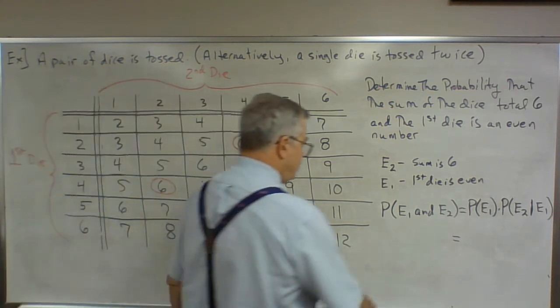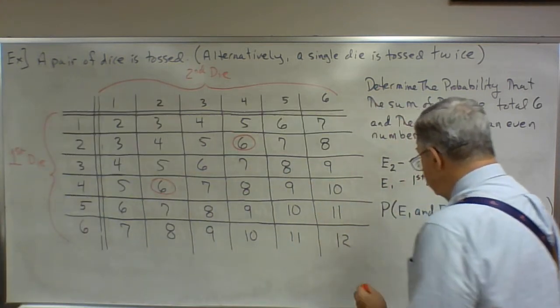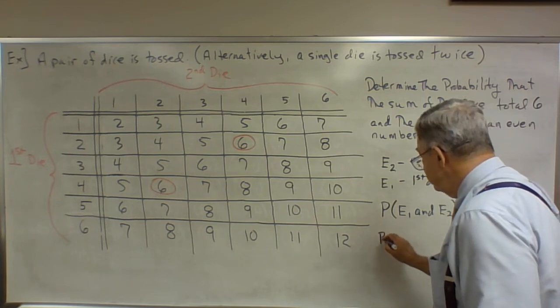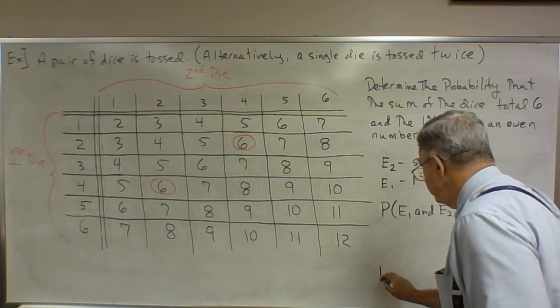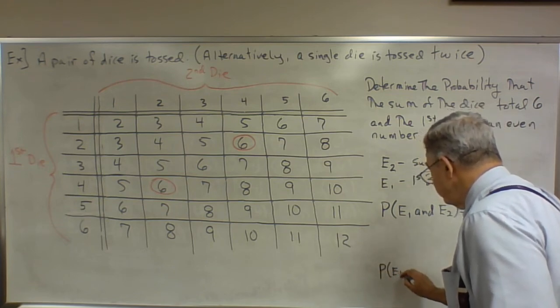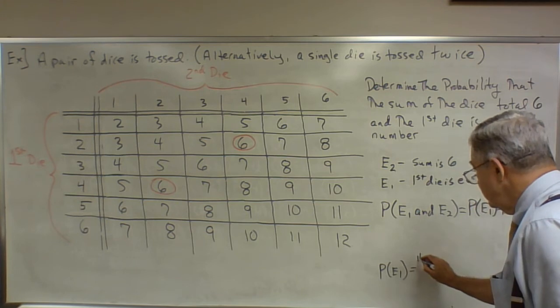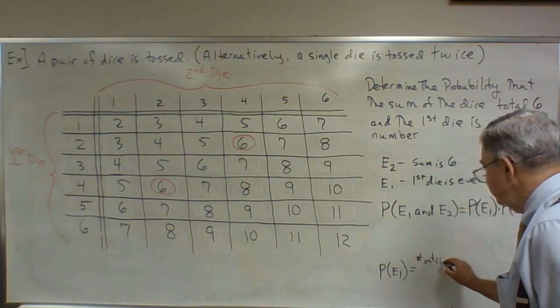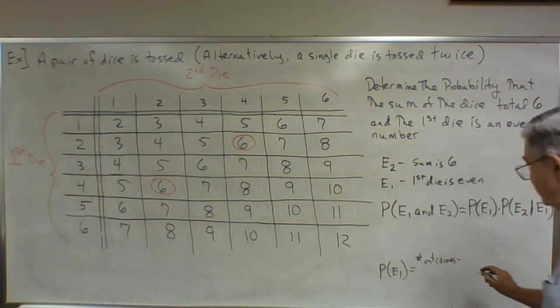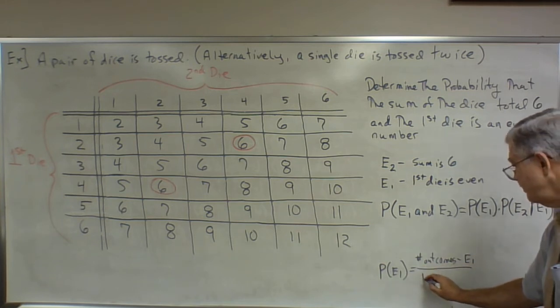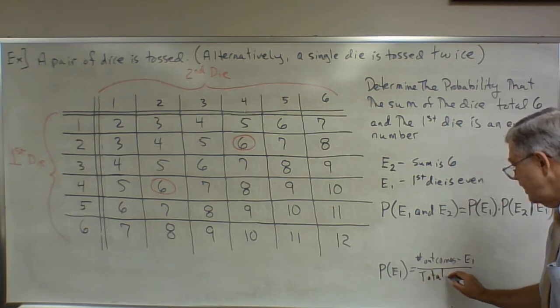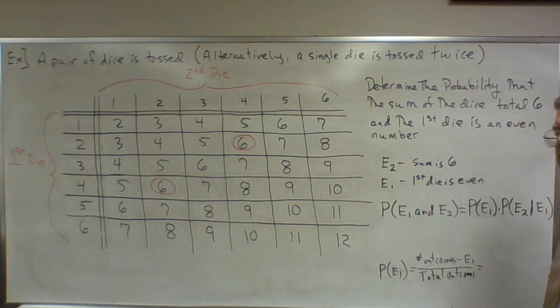Let me compute that. Probability of E1 is the number of outcomes resulting in E1 over total outcomes. And we're just restricting this to a single die, the first die.